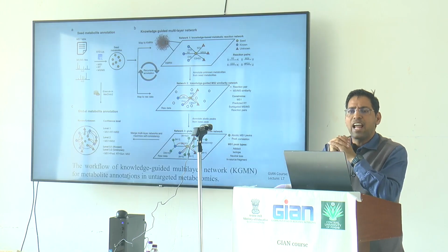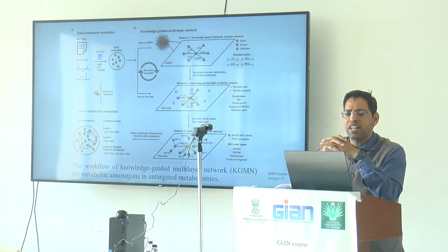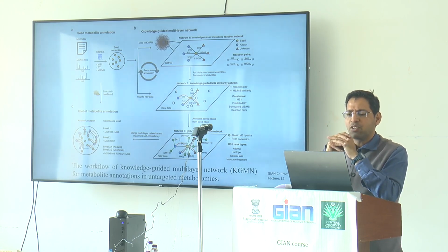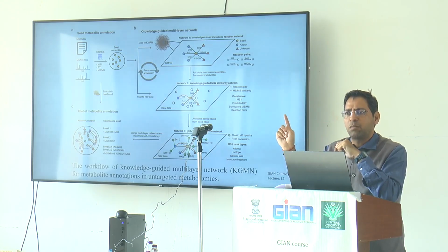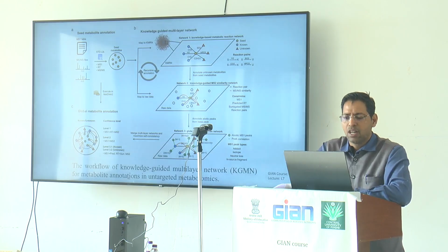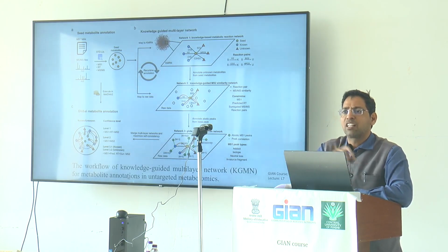Now step 1 has two different phases, and it will go either to step B or step C. When it goes to step B, we have to do the global metabolite annotation. The first, A, is the seed metabolite annotation. Now we have to find the global metabolite annotation, so you know what the unknown components and the known components are.